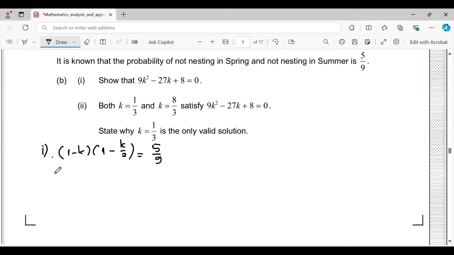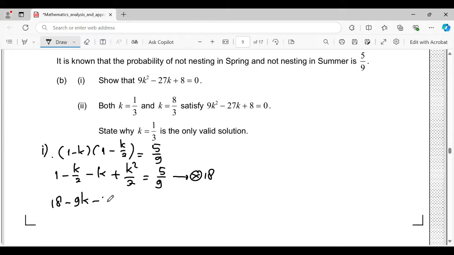Expanding, 1 minus k/2 minus k plus k squared over 2 equals 5/9. Multiply by 18 and it becomes 18 minus 9k minus 18k plus 9k squared equals 10.